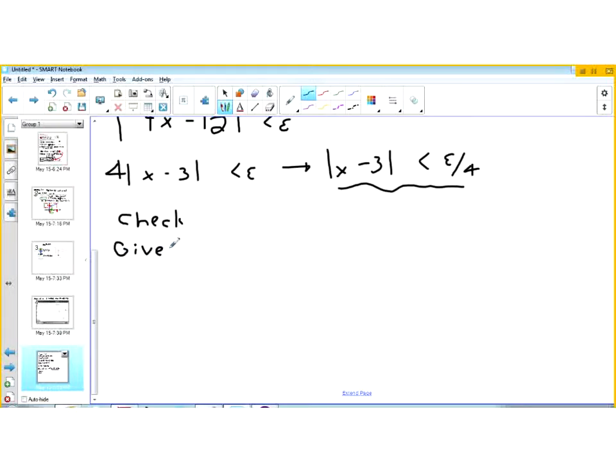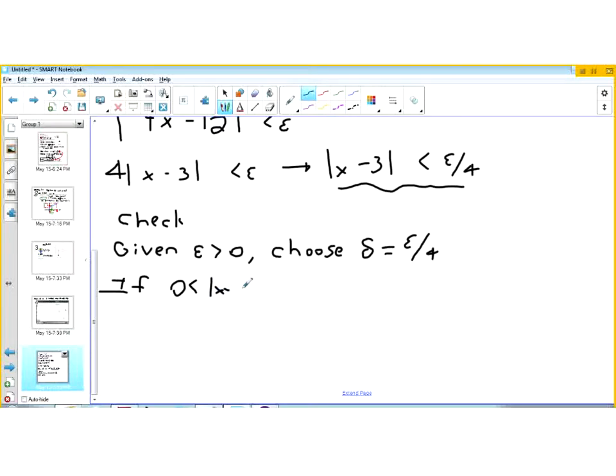The way you check is, given epsilon greater than 0, choose delta equal to epsilon over 4. Now go back to your if-then statement.